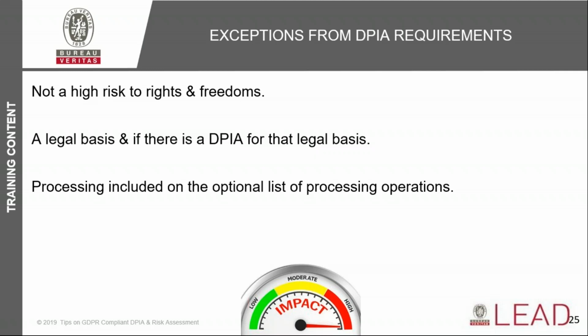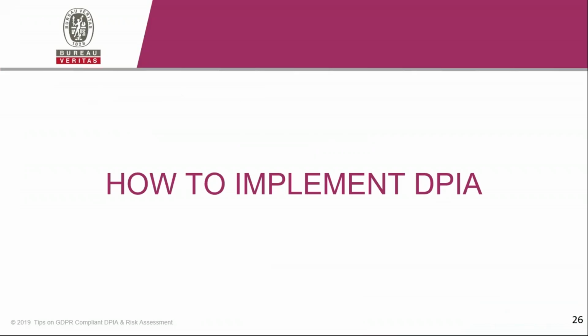If there's a legal basis, for example, and if there is already a DPIA carried out for that legal basis, then you don't need to do a DPIA on this area. Or the supervisory authorities will be publishing their list of processing operations, and in that list they will exclude some processes from being subject to DPIA.